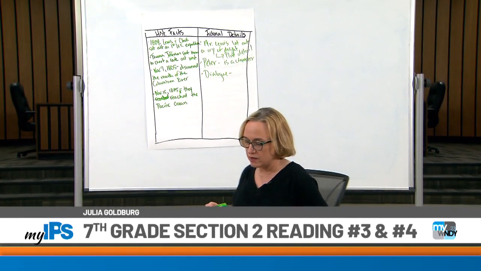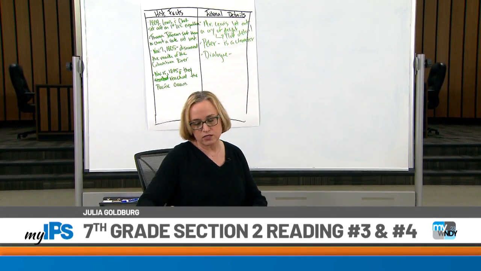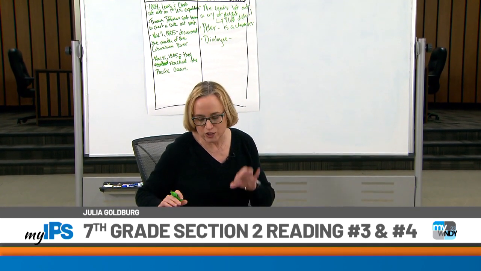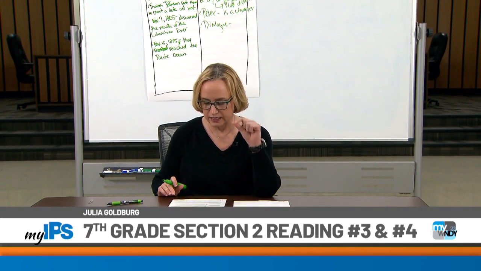Okay, in the middle of page 36, it says, circle the best answer. Which fact presented in Journey to the Pacific is also included in the fictional story above? A, Peter played a key role as a member of Lewis and Clark's team. B, some of the explorers felt that the ocean was a sight for sore eyes.